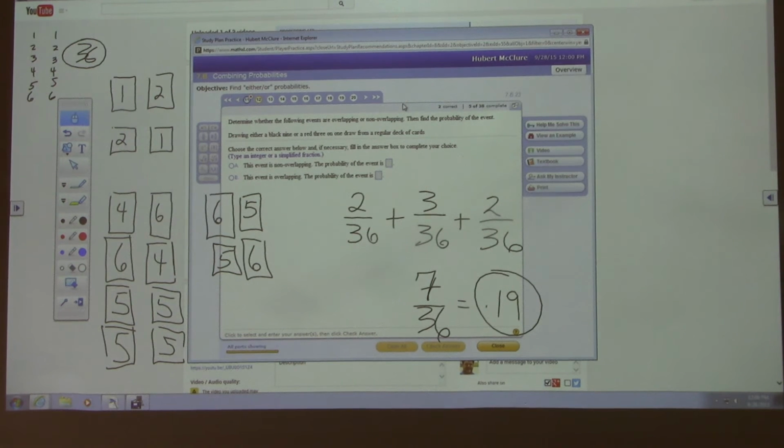So 2 out of 52 is the same thing as 1 out of 26, right? So it's non-overlapping because they can't occur at the same time. So it'd be 1 out of 13 plus 1 out of 13 is what? 2 out of 13?